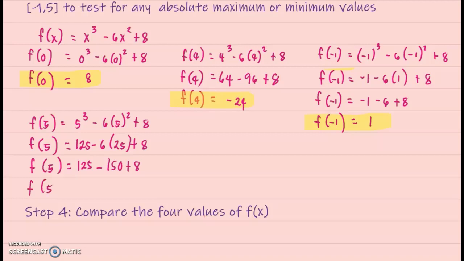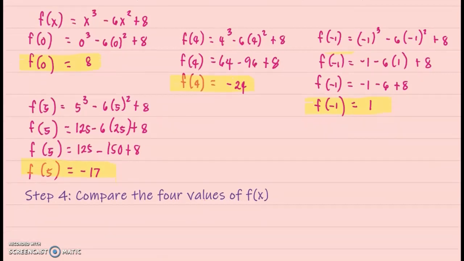So f of 5 is equal to negative 17. Okay. So we are done now with step 3. Now let's move on to step 4.